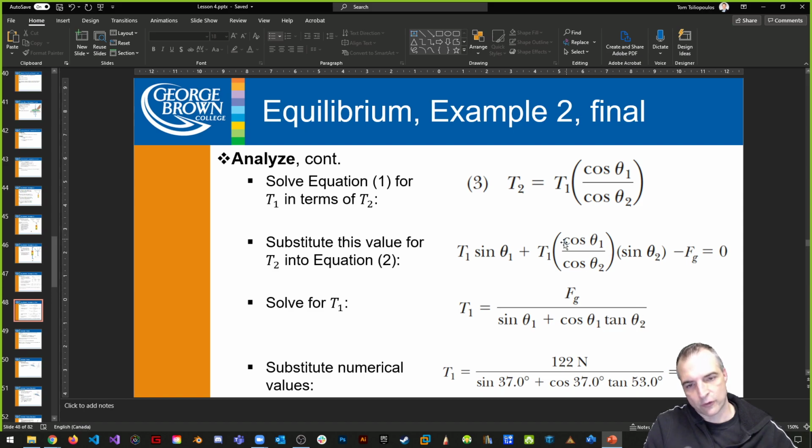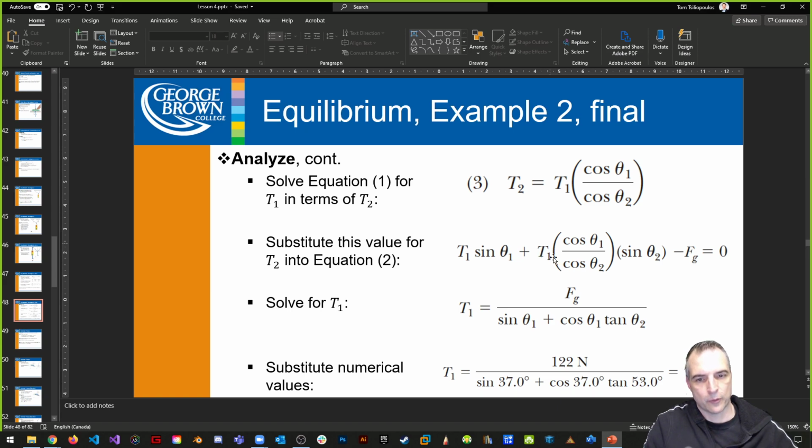And then we are left with cos theta 1. Why is this over this? Because if I take the force of gravity and put it on the other side of the equation, then this is positive. Then what I want to do is separate T1.